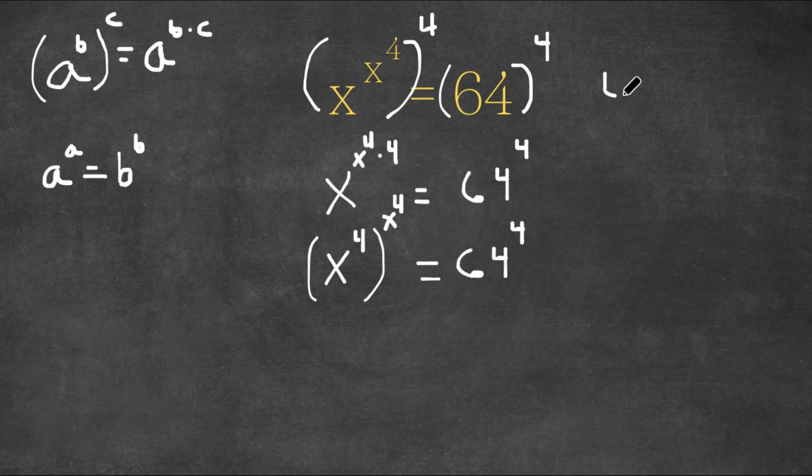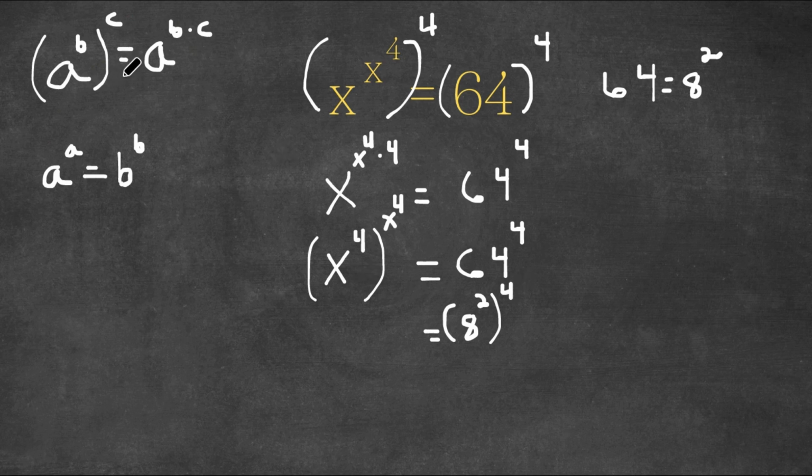So 64 is equal to 8 squared, right? So we're going to replace 64 over here with 8 squared, so we're going to have 8 squared to the power of 4.